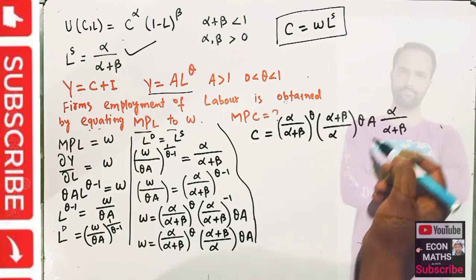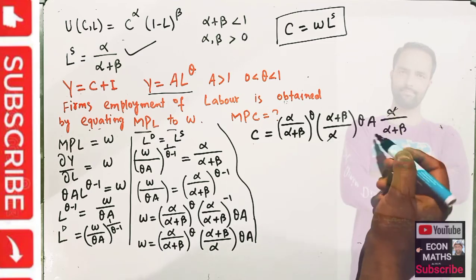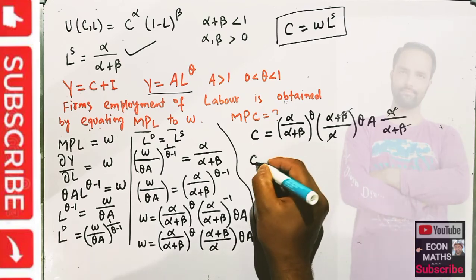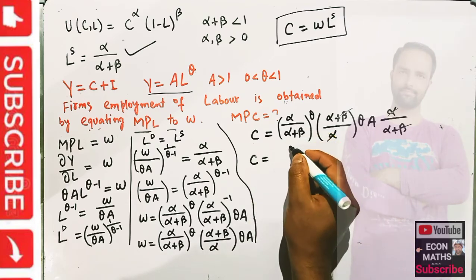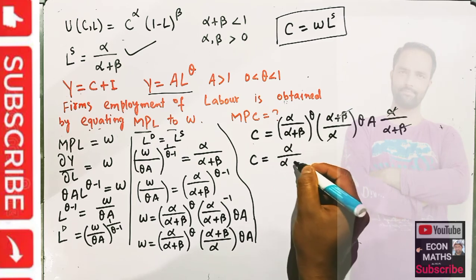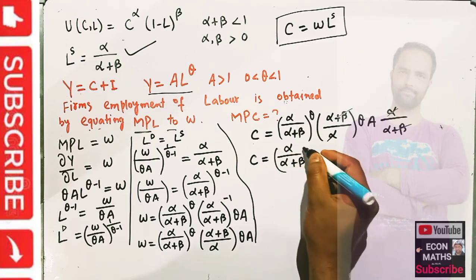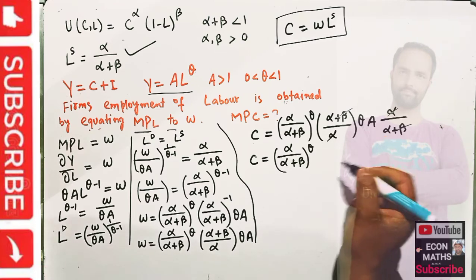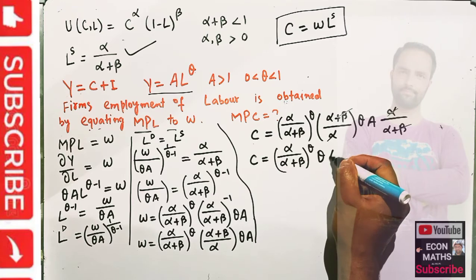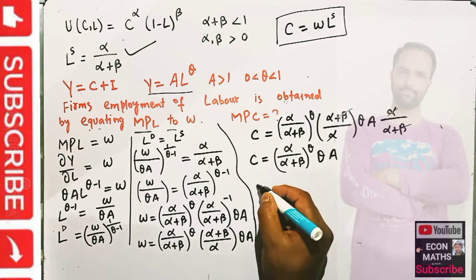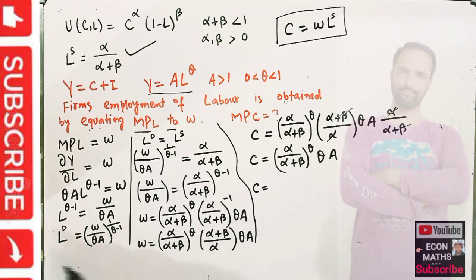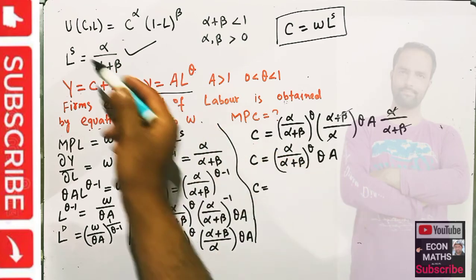So here this alpha, this alpha, this alpha plus beta, this alpha plus beta get cancelled. We are left with alpha upon alpha plus beta raised to the power theta, and also theta into A, which we calculated comes out to be equal to L.